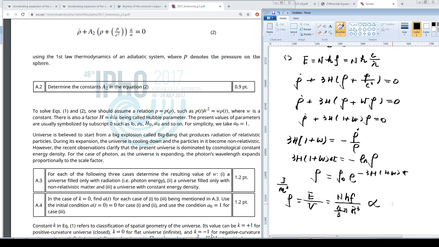So this will be proportional to a to the negative 4.